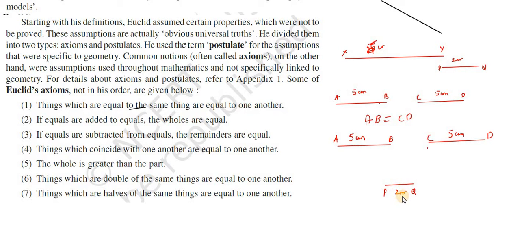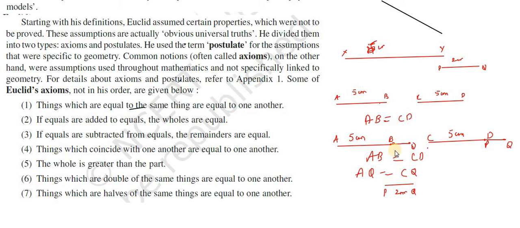Now I'm going to add this PQ to AB and CD. Already AB and CD are both equal, both are 5 centimeters, and PQ is the same. So I'm adding PQ on both sides. So you can write AQ is equal to CQ.